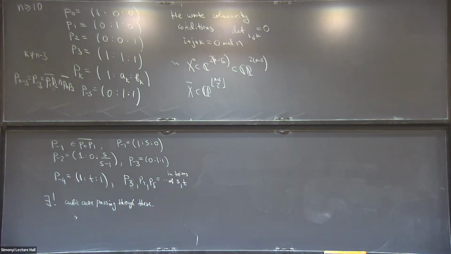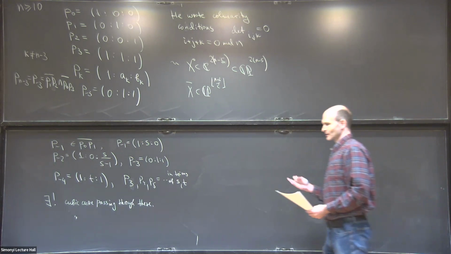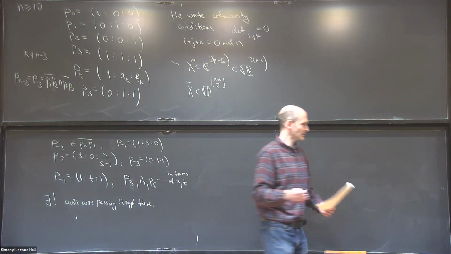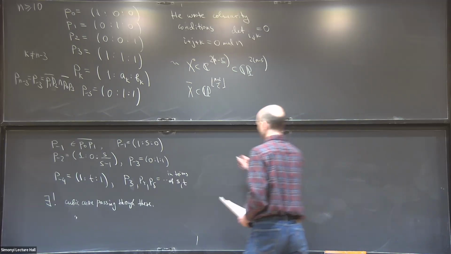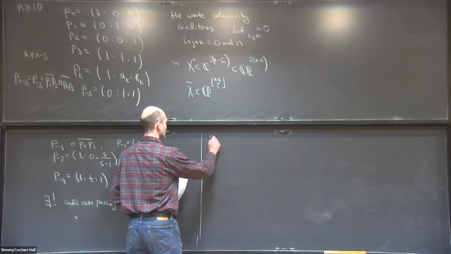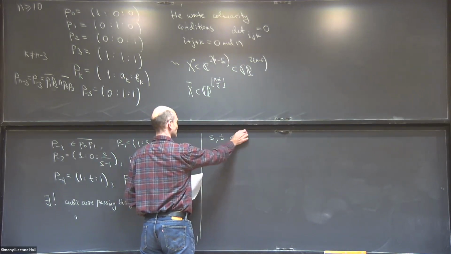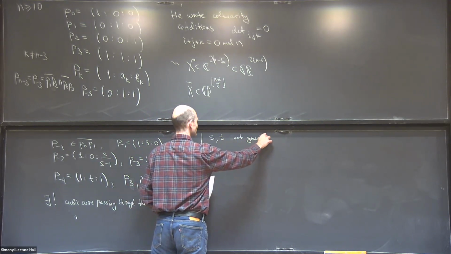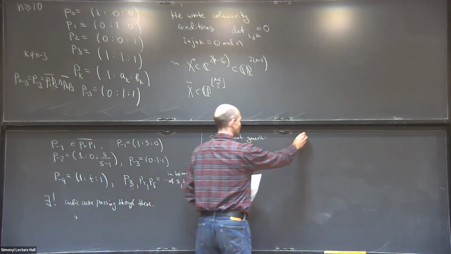If S and T are not generic, then you play with it a little bit, and it's annoying, but you can check that you end up getting a rational nodal curve. So S and T not generic, you get this.